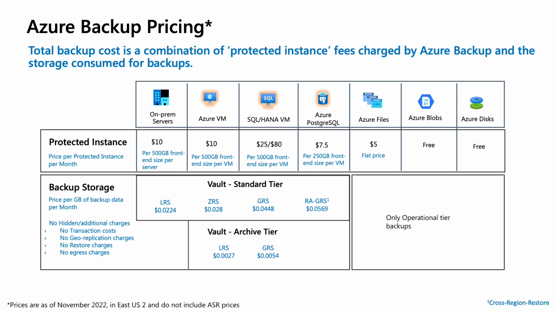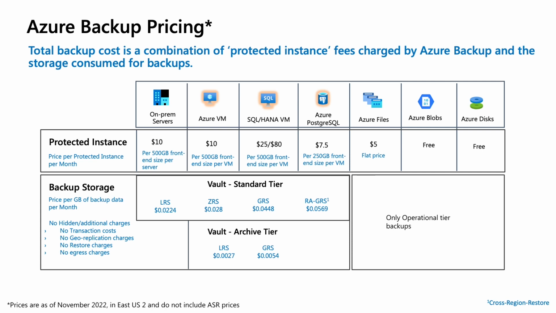Now, coming to the backup storage fee, it is the simple pay-as-you-go component for the per GB per month data backed up. Backup storage has two tiers, Vault Standard tier and Vault Archive tier. In the Vault Standard tier, you can choose between multiple redundancies. Default for a Vault is GRS, geo-redundant storage. In case cross-region restore is enabled, the redundancy is updated to read access GRS, which is RAGRS.